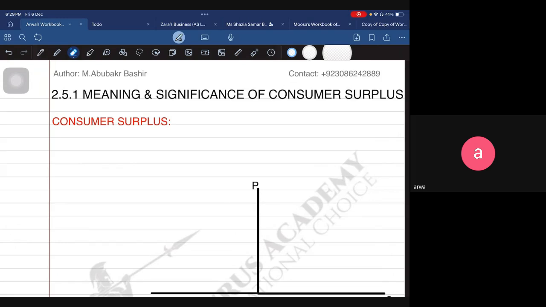Consumer surplus is basically the difference between the price that a consumer is willing to pay and the price which they actually have to pay. Exactly.